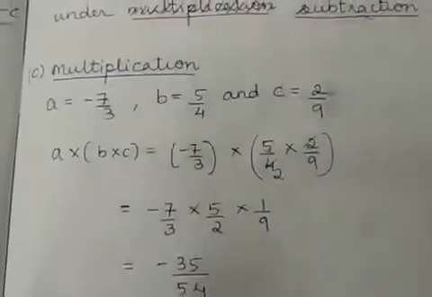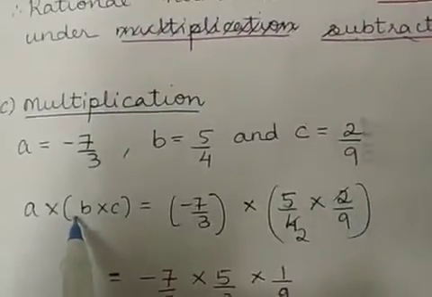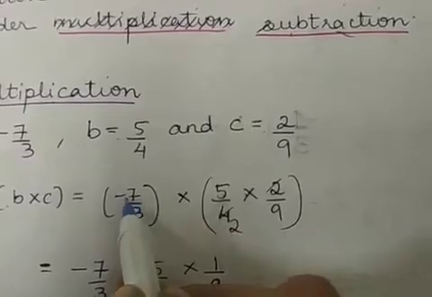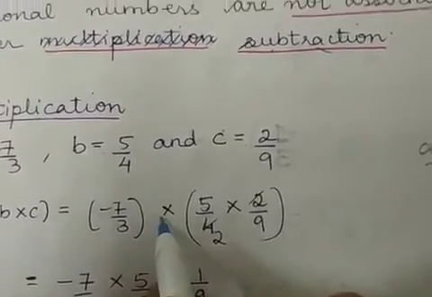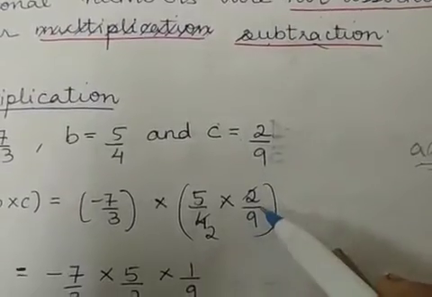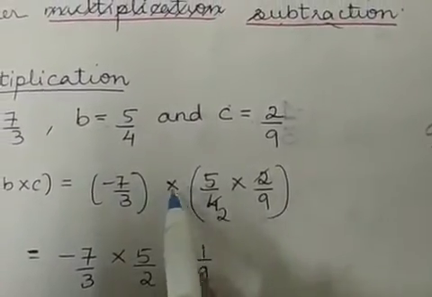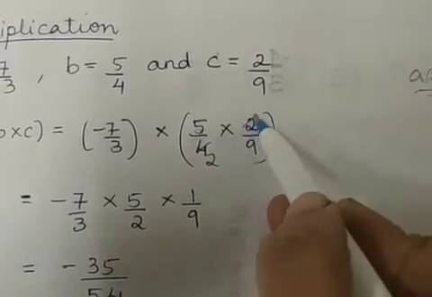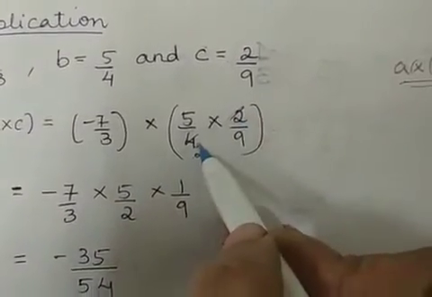So let us proceed. a multiplied by b into c, a is minus 7 upon 3. So minus 7 upon 3 multiplied by b is 5 upon 4 multiplied by 2 upon 9. Since all are multiplied, you can write it as minus 7 upon 3 multiplied by, you can cancel these, 2 ones are 2, 2 twos are 4.